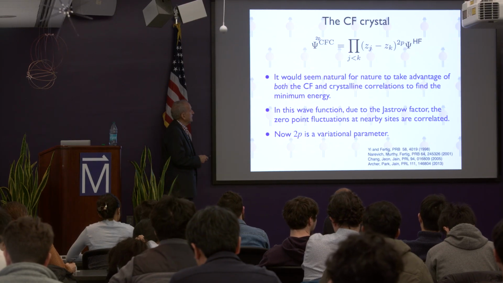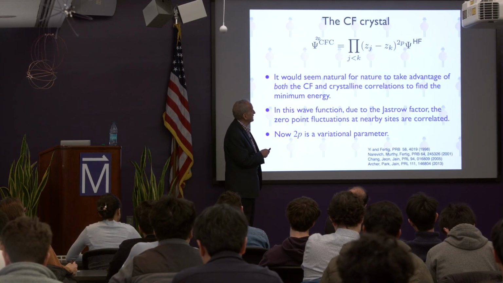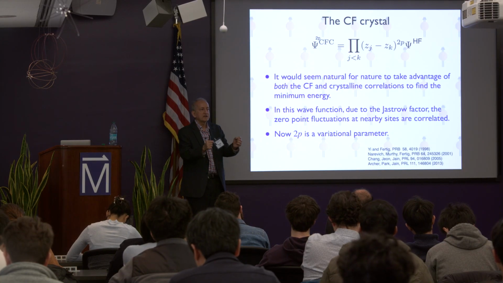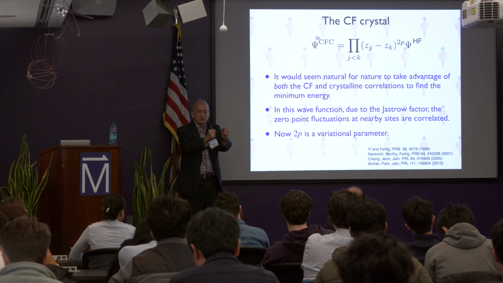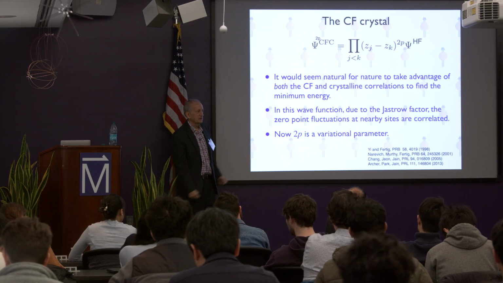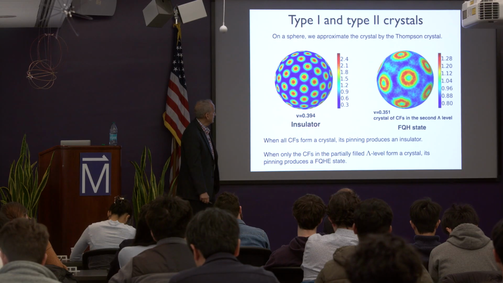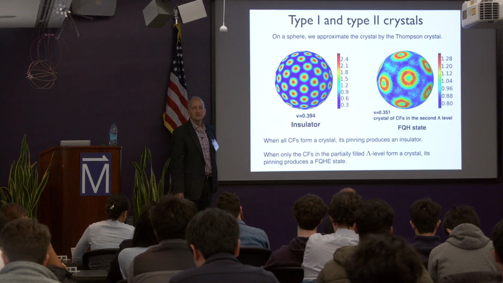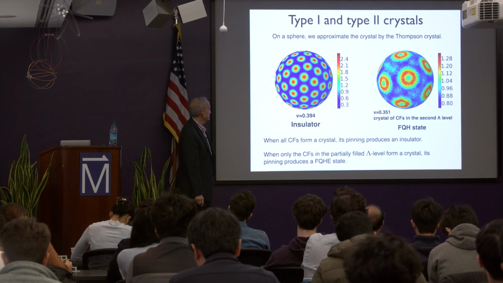The reason why a composite fermion crystal may have lower energy is because of this Jastrow factor, which keeps electrons away from each other. The fluctuations on neighboring lattice sites are correlated. Earlier they could move like this, which gives rise to large energy, but now they are moving in a correlated fashion, and that's why it can give lower energy. So what I will show you are some variational calculations looking at the competition between the crystal and the liquid state.